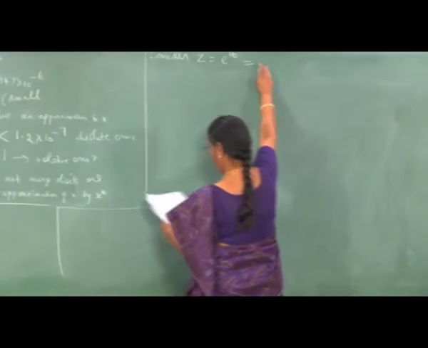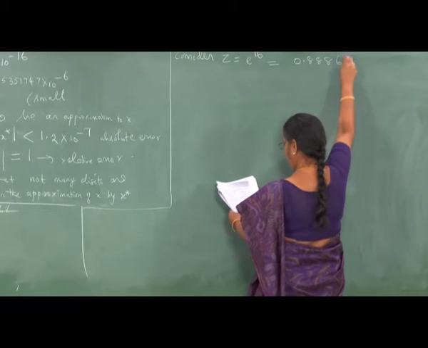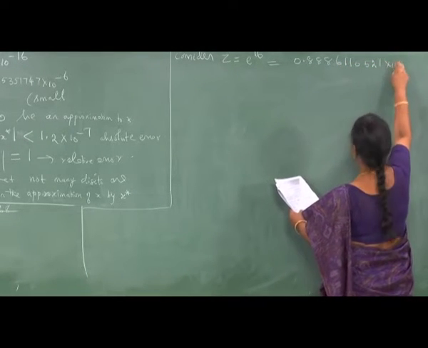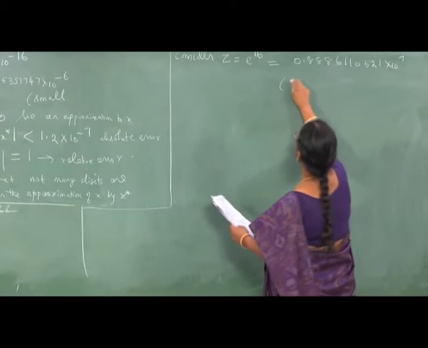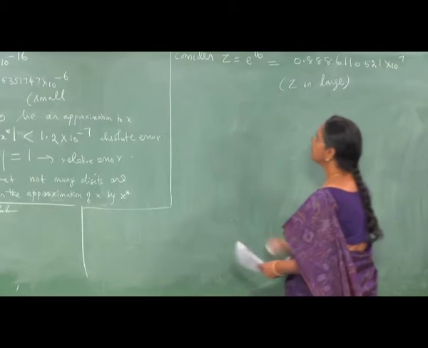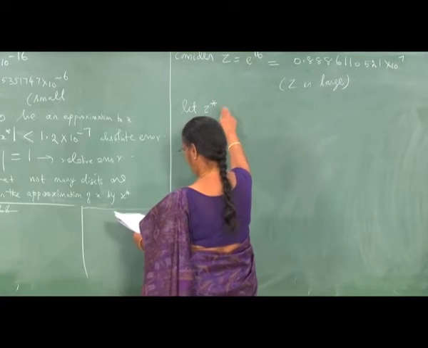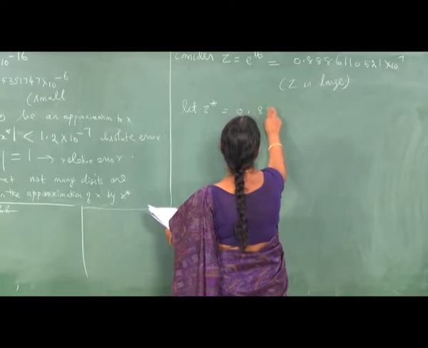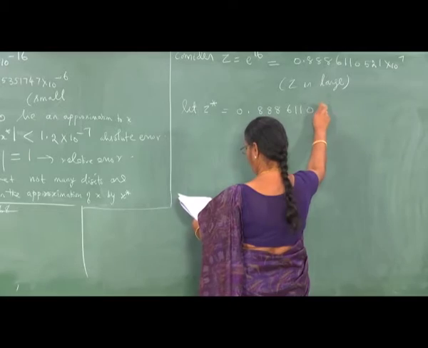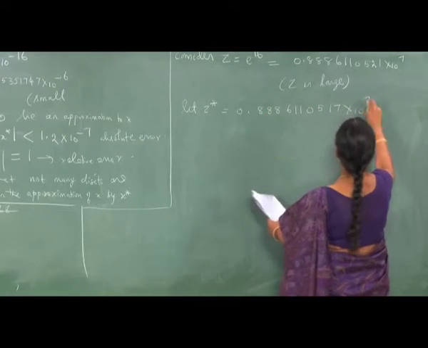So, let us write down e power 16, 0.8886110521 into 10 to the power of 7. It is clear that z is very large. So, let us take z star to be an approximation, 0.8886110517 into 10 to the power of 7.